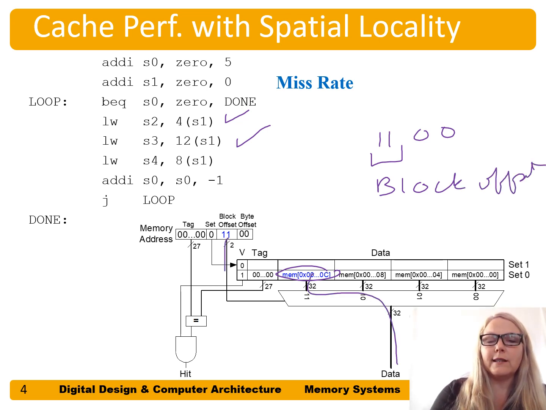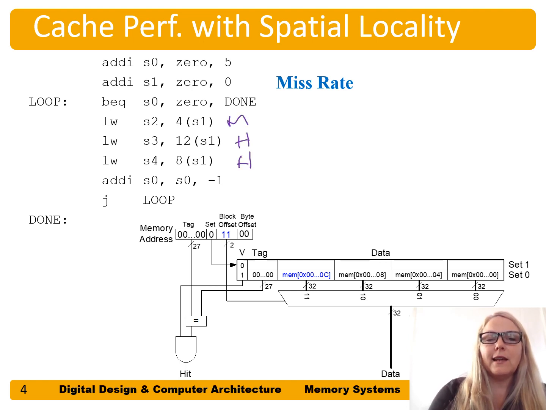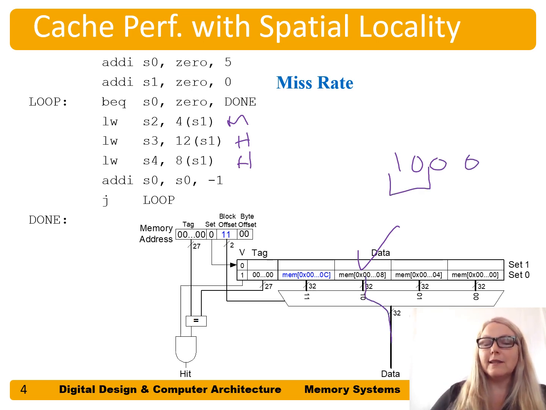Using that block offset as a select line for the multiplexer, it pulls out the data it needs, which was already there because of spatial locality. So this is a miss, then a hit, and this next one's also a hit because of spatial locality. There it is, ready to go. It uses the block offset of hex 10 to select that out of the cache.